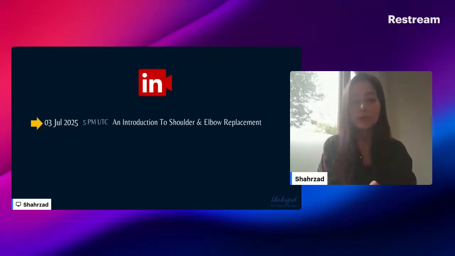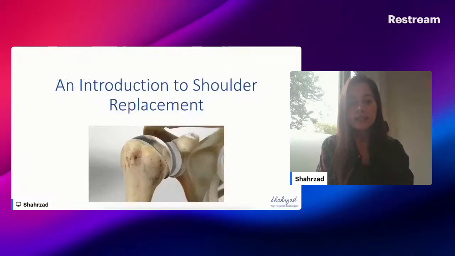I will also touch on total wrist replacement and also implants that are designed for finger joints. So please stay with me for the next 30 minutes. And yes, let's dive right in.